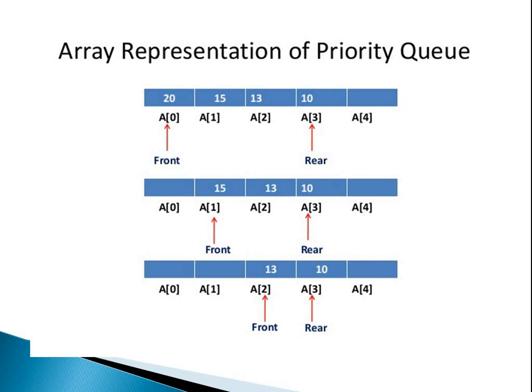Now the front position will become A1, that is 15. If you want to delete another element, again it will be deleted from the front position, which is A1, that is 15. So 15 will be deleted. The remaining elements here are 13 and 10.